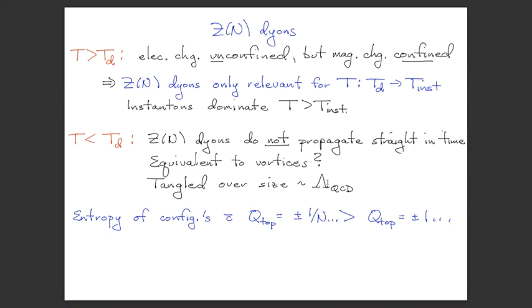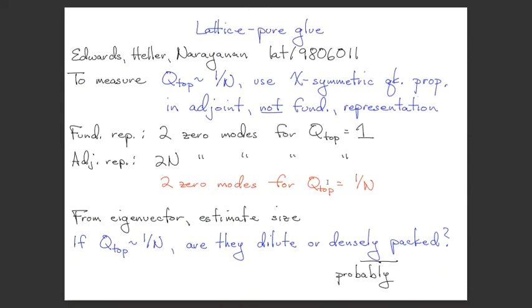The question is, what configurations dominate, 1 over n or 1? There's an old suggestion by Robert Edwards, Urs Heller, and Rajamani Narayanan that in the pure gauge theory, to measure a fractional topological charge you could use a chirally symmetric quark propagator, the overlap, not in the fundamental representation but in the adjoint.